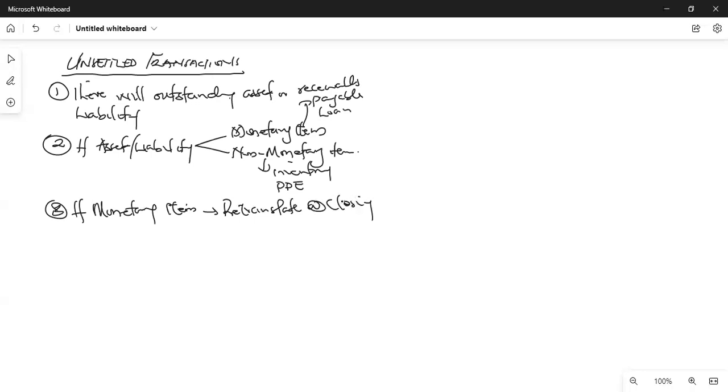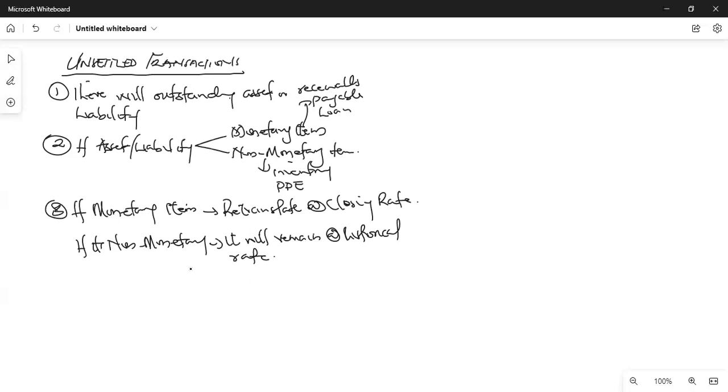We've talked about closing rate. But if it's non-monetary, what are we going to do? It will remain at the historical rate. So we won't touch it if it is non-monetary.